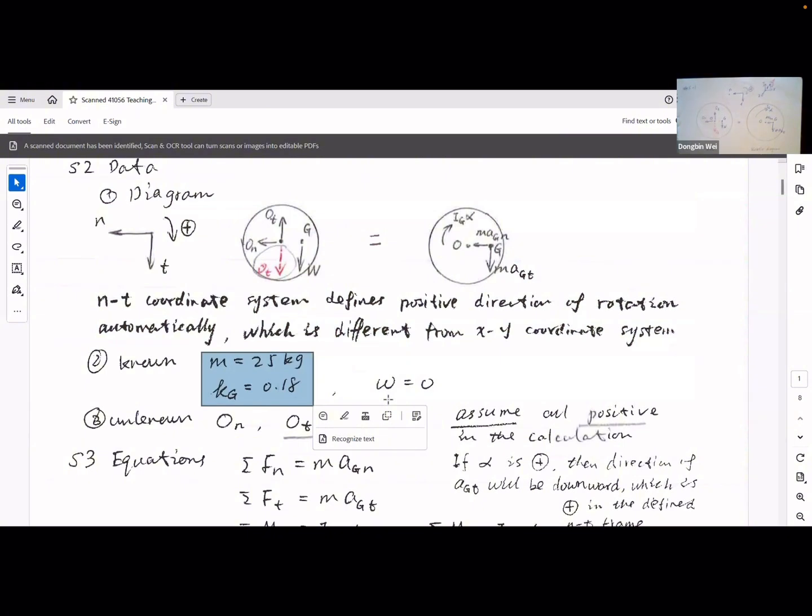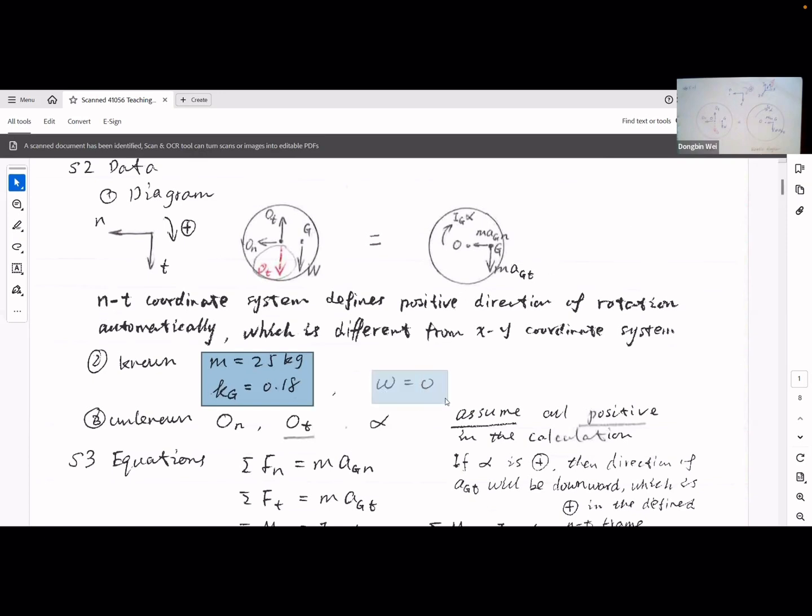But how about the acceleration? Is the acceleration of this flywheel at this instant 0 or not? How do you think? No, it's not 0.